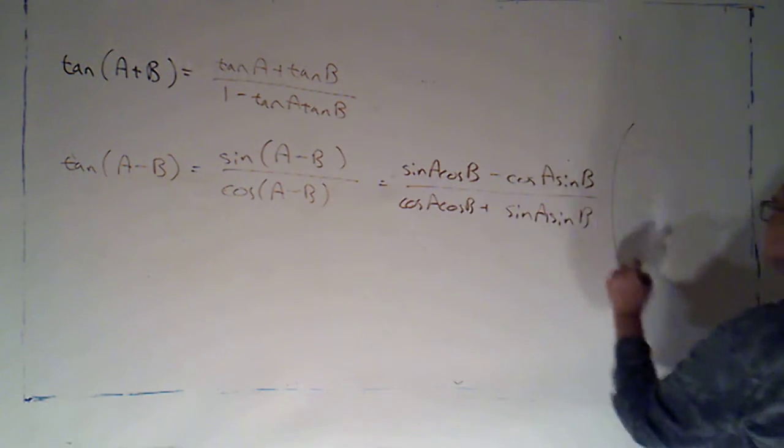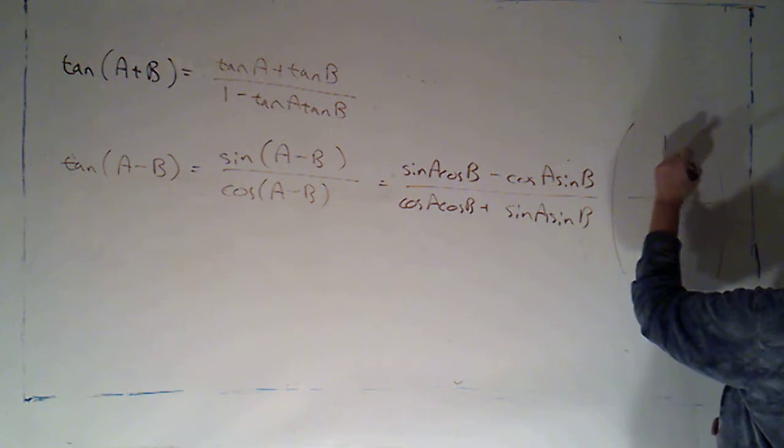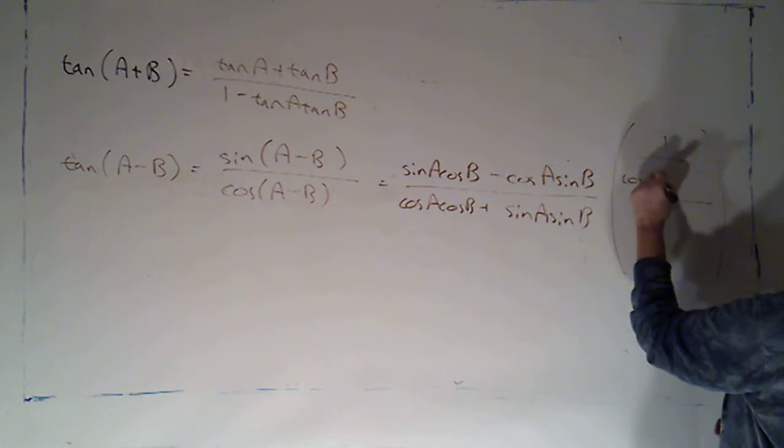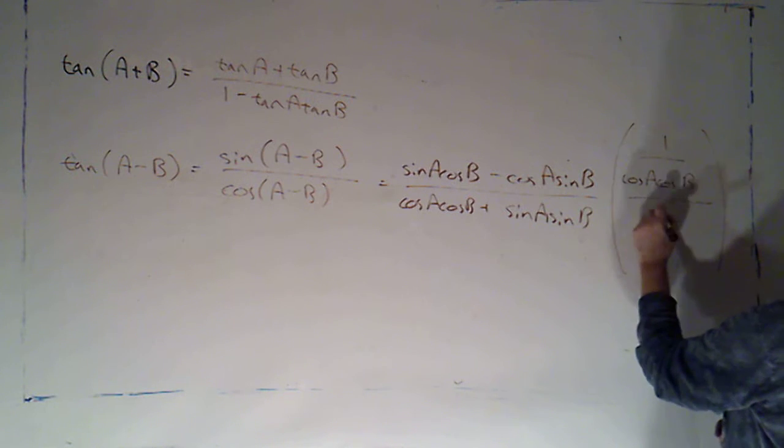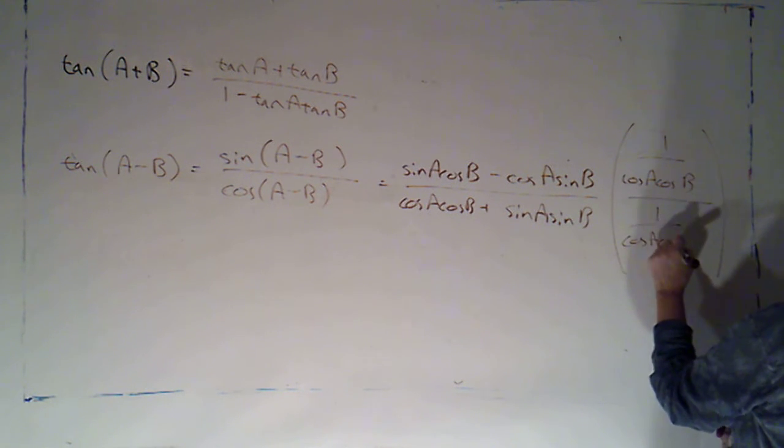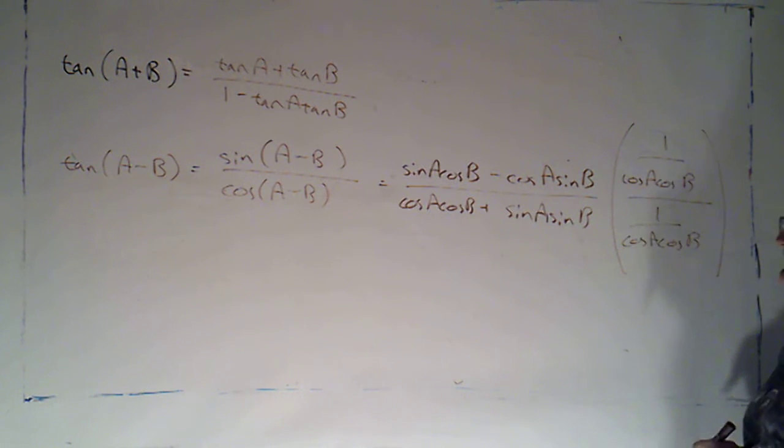Now I want to get this in terms of tangents, so once again I'm going to multiply by 1 in the form of the reciprocal of cosine a cosine b over itself.